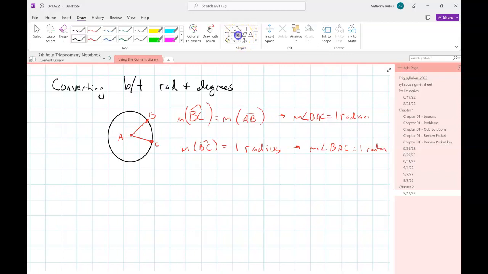So now let's take another example here. So let's make this our central angle.